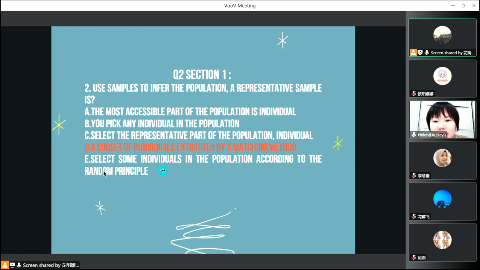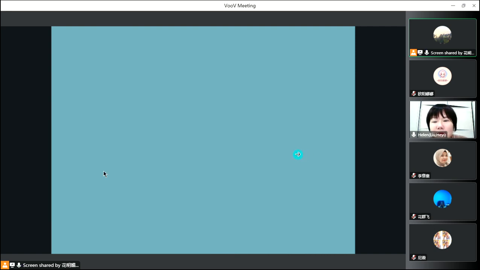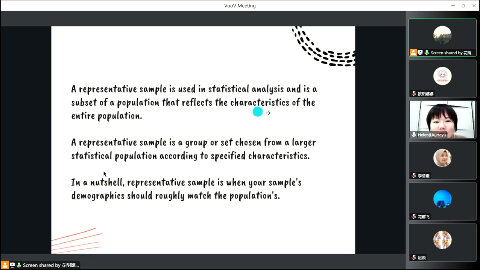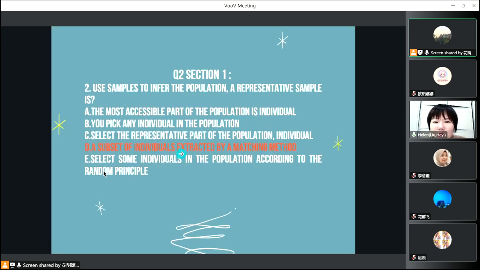First of all, I would like to choose C, but when I searched it again, I felt confused because this one, a matching method, I think it's related to the characteristic. Yeah, I think C is wrong. Yes, C is wrong.